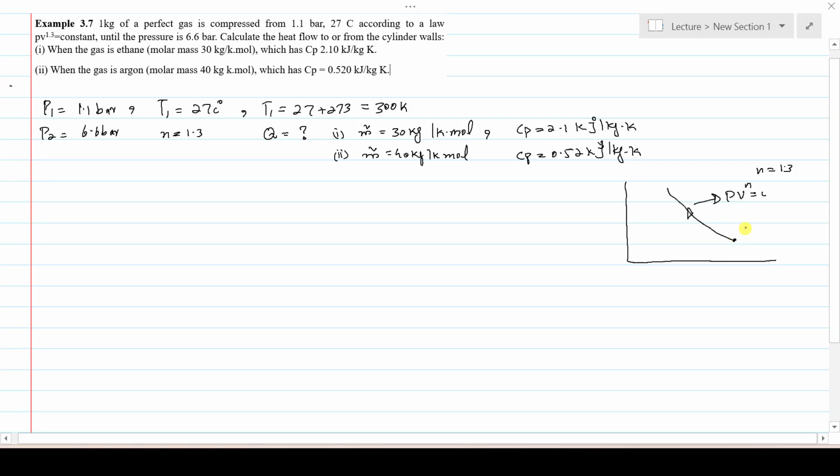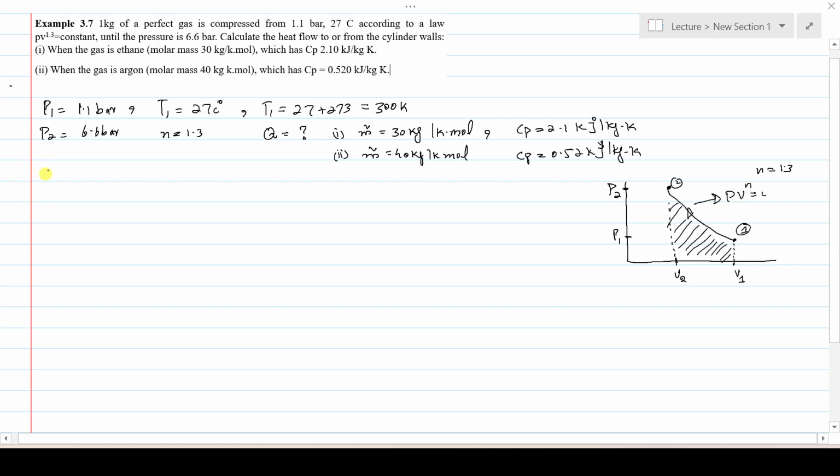This is our initial state 1, and this is our final state. At the final state, we obtain higher pressure and lower volume. At the initial state the pressure is P1, which is lower, and this is the higher pressure. During compression the pressure increases, and this shaded area represents the work input during the compression.